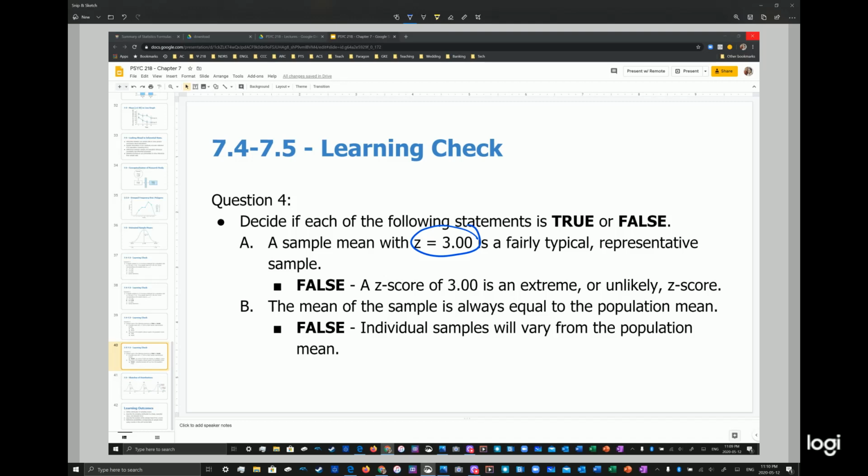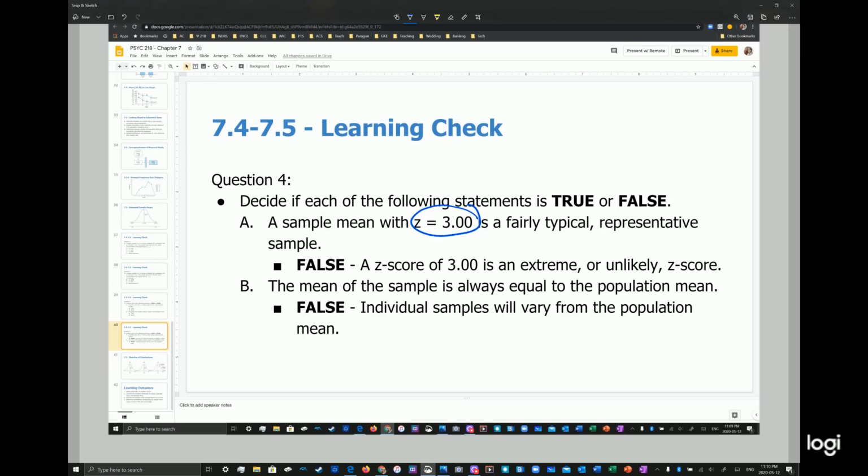The further the score is away from the z-score of 0 in a z distribution, the less typical and representative it is. In your sampling distribution, with its standard error, you have 1 standard deviation, 2 standard deviations, 3 standard deviations. So this is z-score 3.